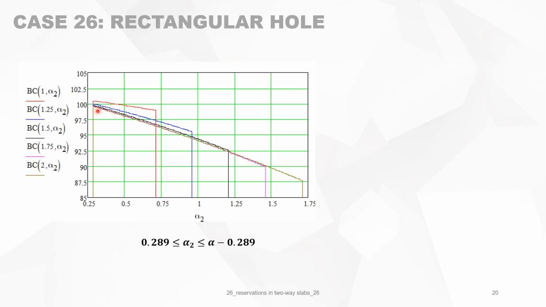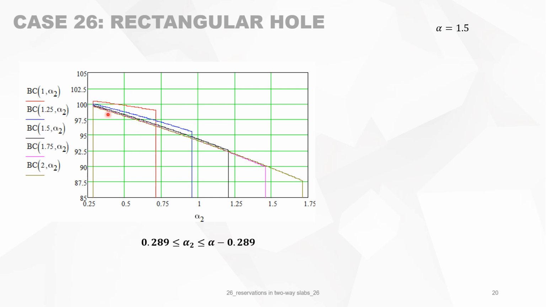So now you have all those lines for alpha from 1 to 2. We see that in almost all cases, the bearing capacity is below 100%. So it means for this type of reservation, we are lowering the bearing capacity of the slab. Let's have an example, for instance, for the black curve, alpha is 1.5.